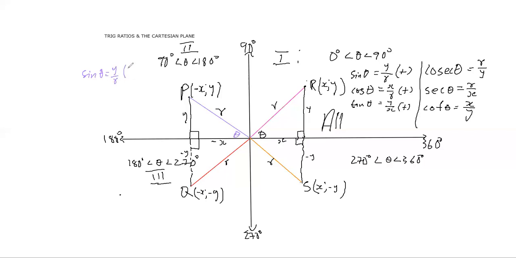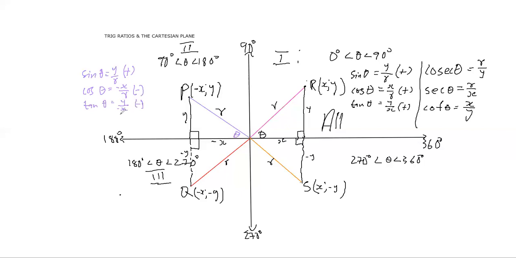R, which is positive. The cosine of theta, adjacent, notice it is minus x over hypotenuse, which is r. The result is negative. The tangent of theta is opposite y over hypotenuse minus x. And you know that positive divided by negative is negative.